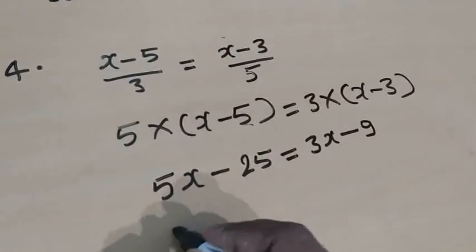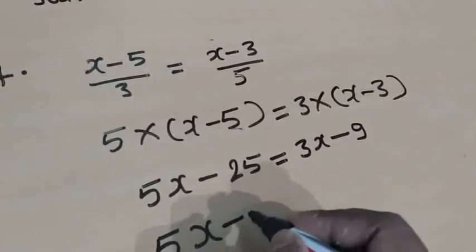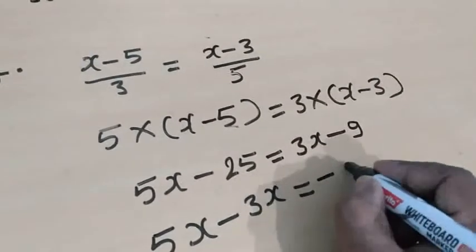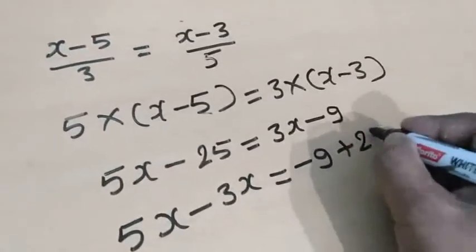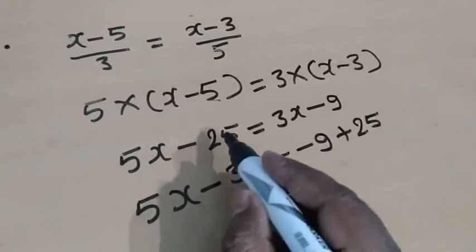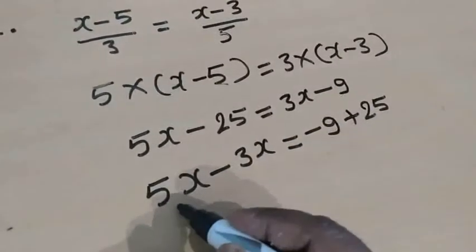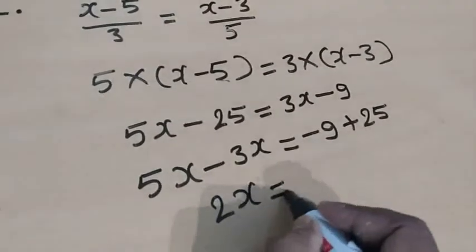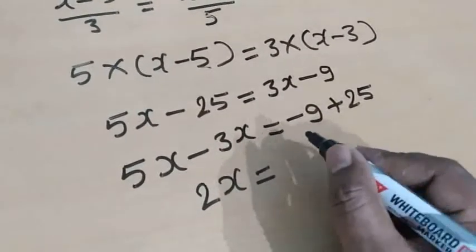Okay. So 5x we transpose, 3x in left hand side, so we obtain 3x is equal to minus 9 plus 25. You can see here 25 is minus in left hand side. When we transpose it to right hand side, it will become positive, plus 25. Okay. So 5x minus 3x is 2x is equal to minus 9 plus 25 is equal to 16.